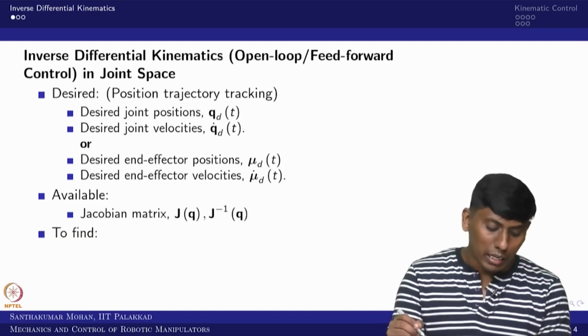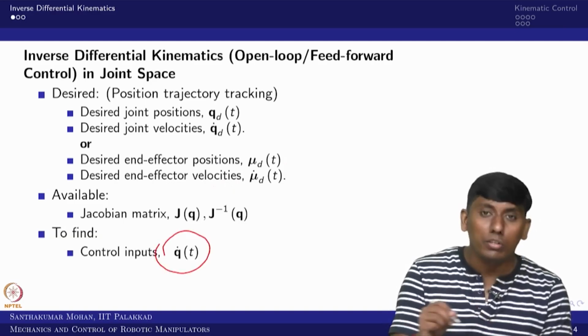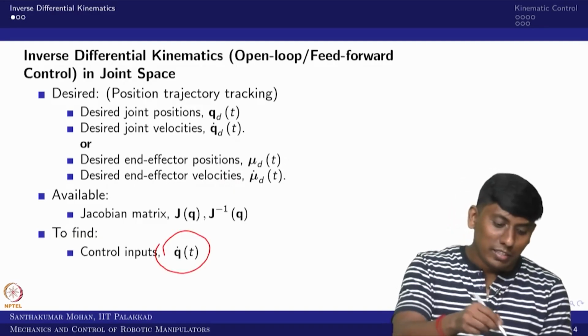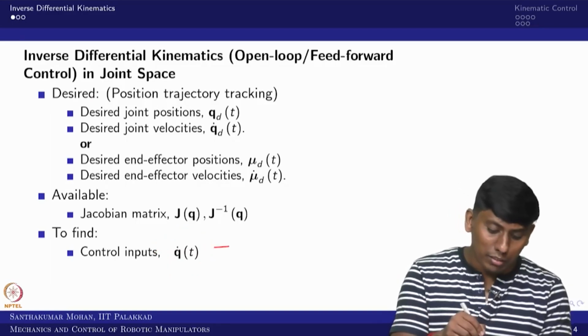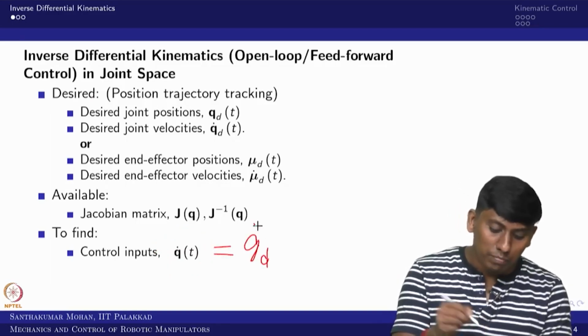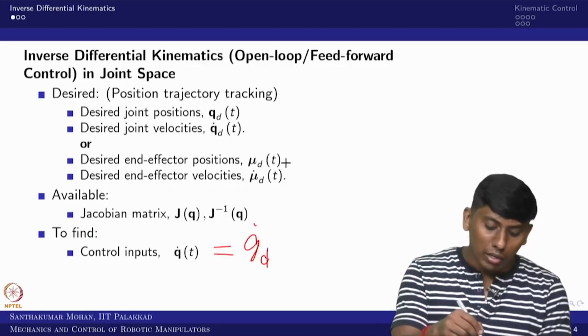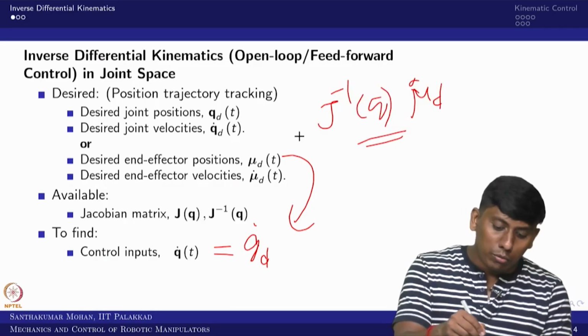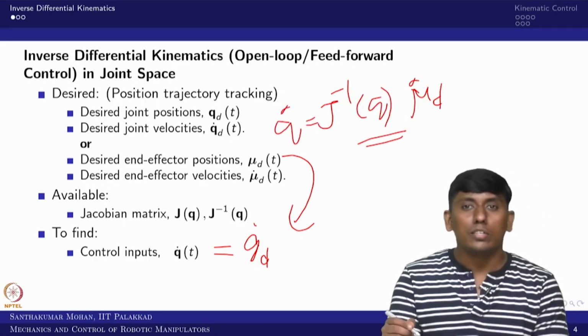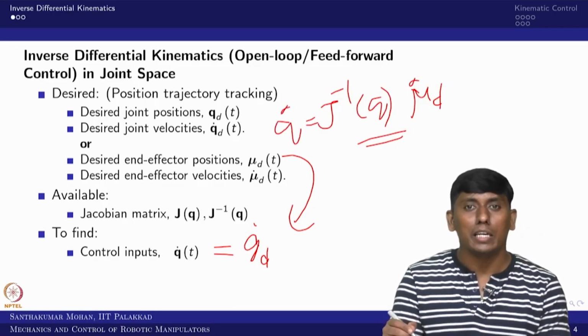What we need to find out is q dot. Since it is inverse differential kinematics, q dot is the J inverse of q into mu desired dot. That would be q dot. This is what we call inverse differential kinematics.